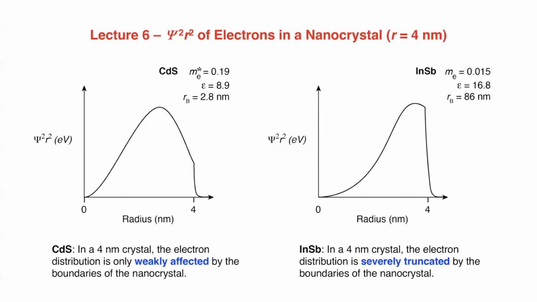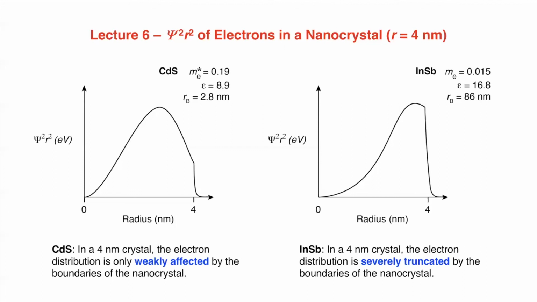The wave function cannot go beyond that edge. That's your infinite potential well. And so the radial distribution function continues until it hits that value, and then it plummets, okay? But the shape of this curve is actually very similar to the shape of the radial distribution function of an electron in a piece that's not quantum confined.